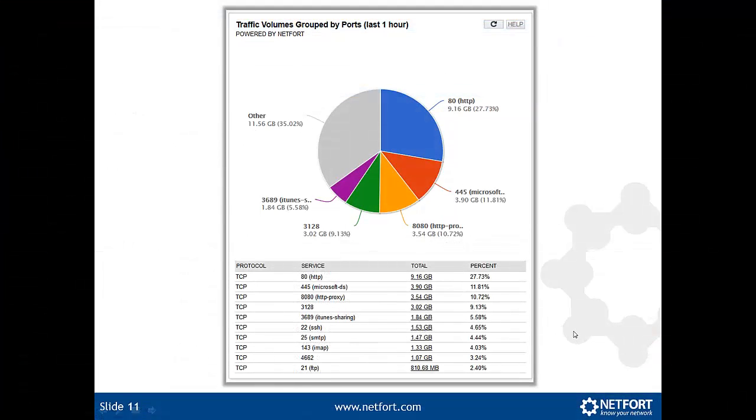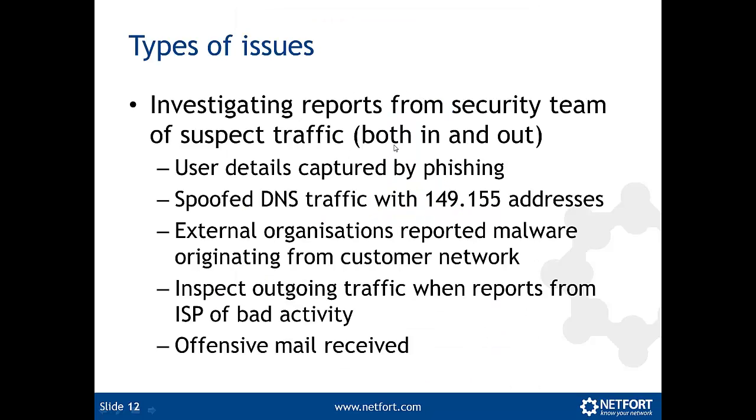So in summary, LangGuardian is an ideal tool if you need something for forensics on your network. You can get reports over short time periods or long time periods, and present them in tabular formats or using some nice graphics like this here. Other issues that the BBSRC used LangGuardian for are investigating reports from the security team of suspect traffic in and out.